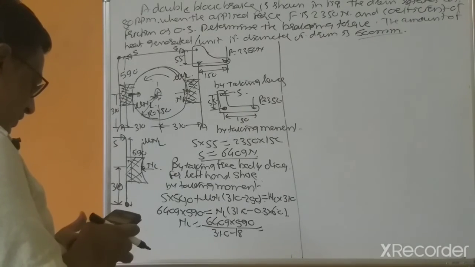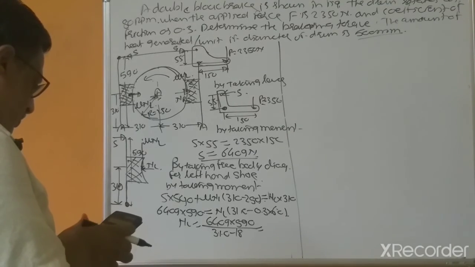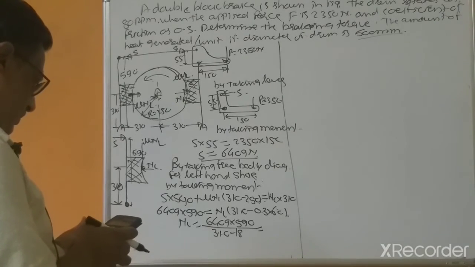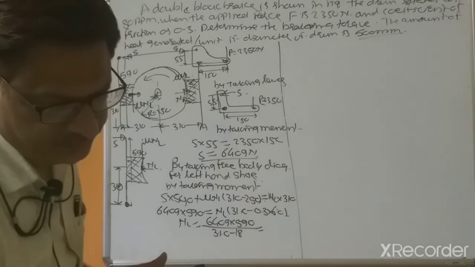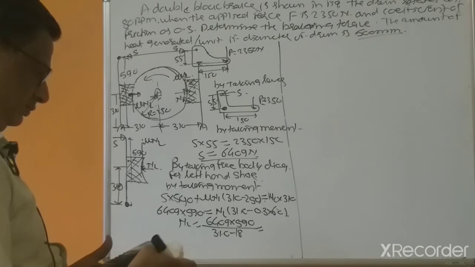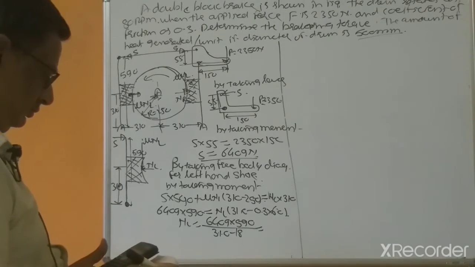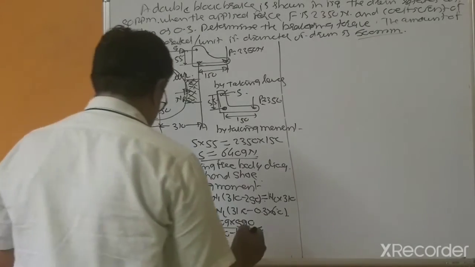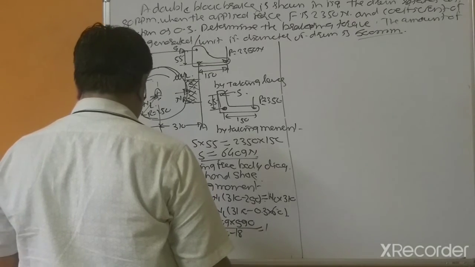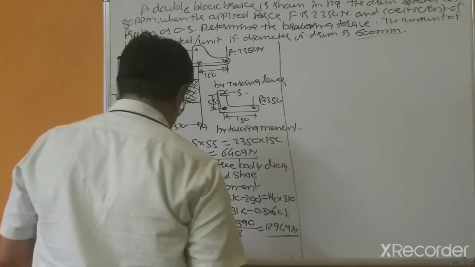So 6409 multiplied by 590 divided by 292. All right. So this is equal to 12,949 Newton.